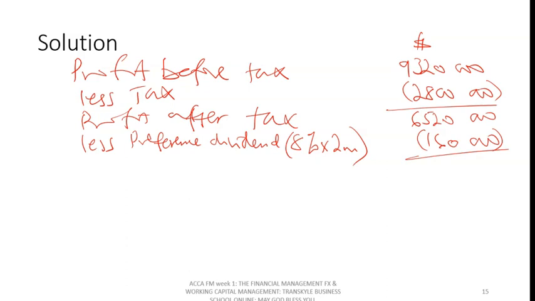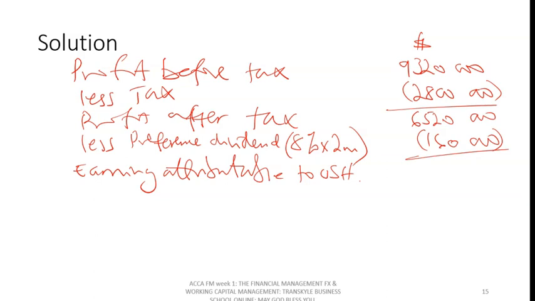This is why we first deduct them from our profit after tax. Then we have got earnings attributable to ordinary shareholders, which is the remainder.